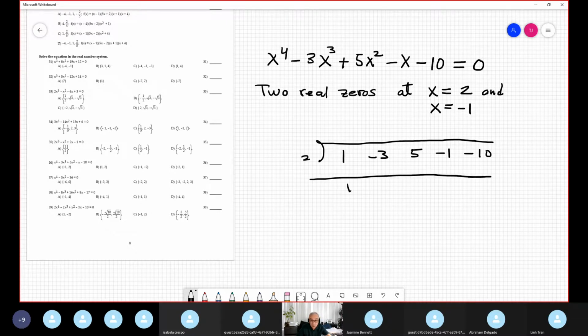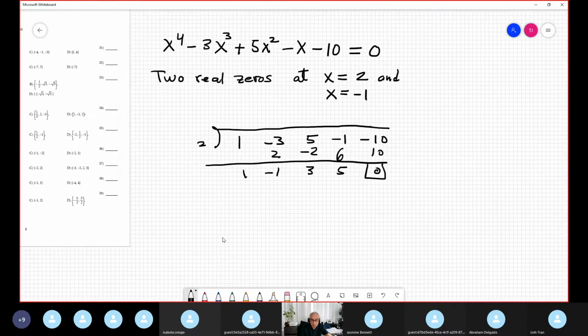Bring down 1, multiplication is 2, combine here negative 1, multiplication is negative 2, combine here 3, this is 6, this is 5, and this is 10. Therefore, the factor x minus 2 belongs to the polynomial, which is equivalent to saying that x equals 2 is a zero.